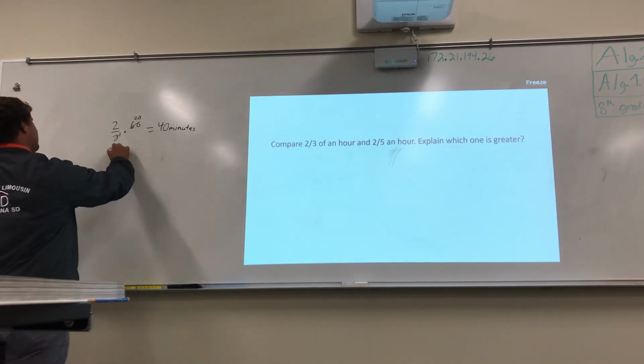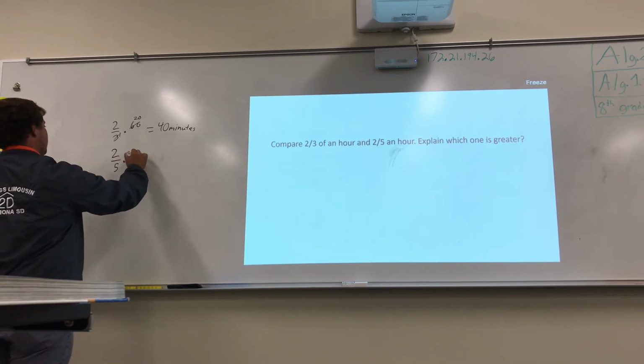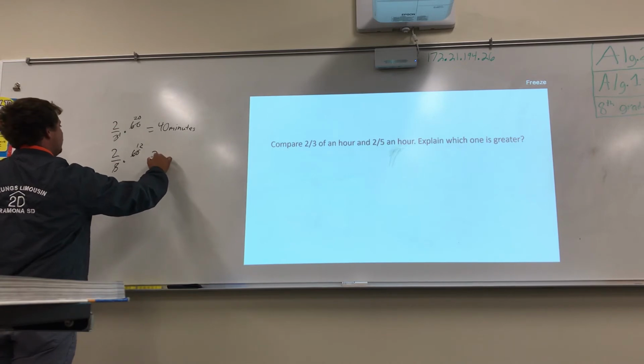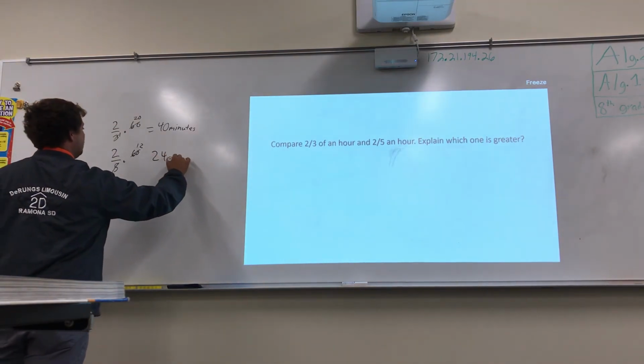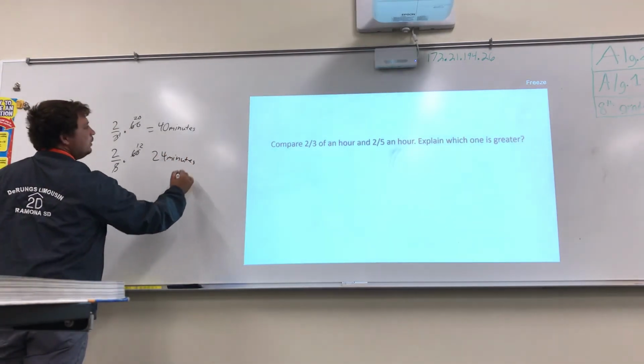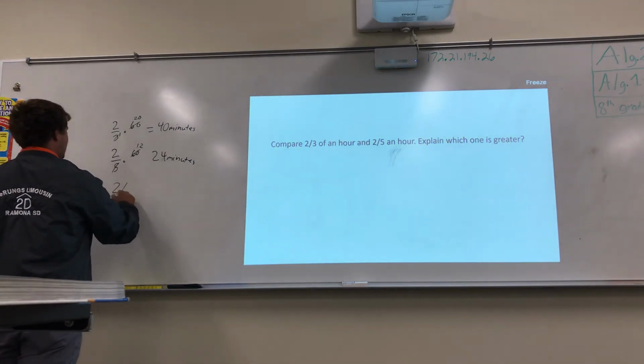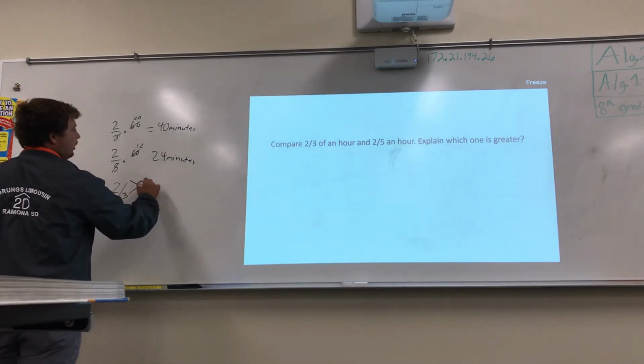Okay, 2/5 of 60, which is 24 minutes. So 2/3 of an hour is greater than 2/5 of an hour.